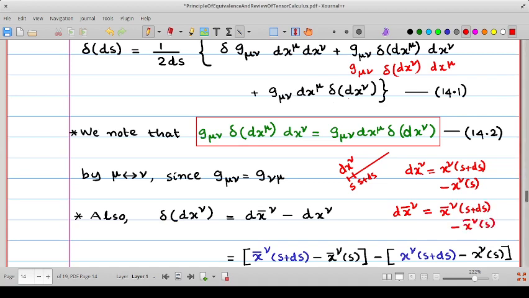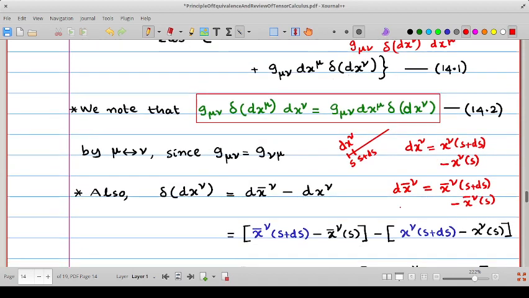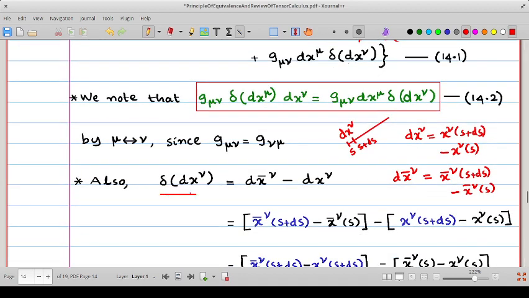Now the change in dx nu as a result of this coordinate change is what is delta of dx nu, which is nothing but dx bar nu minus dx nu. So that is equal to this quantity minus this quantity, and that is exactly what I have written here. So this quantity is x bar nu at s plus ds minus x bar nu at s, minus of this quantity, which is x nu at s plus ds minus x nu at s.